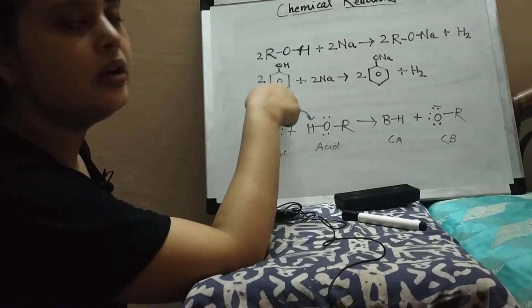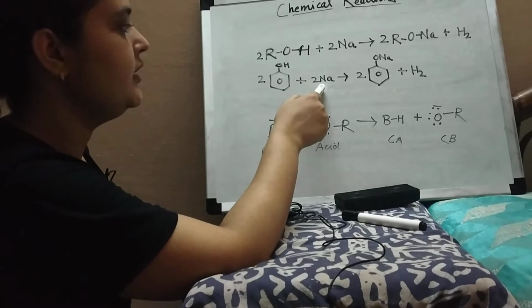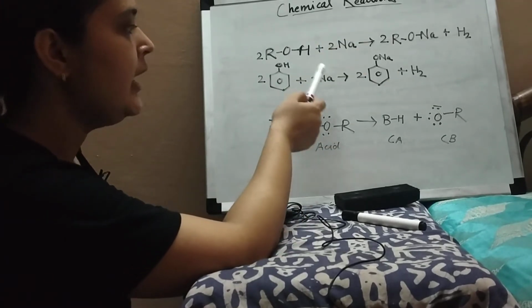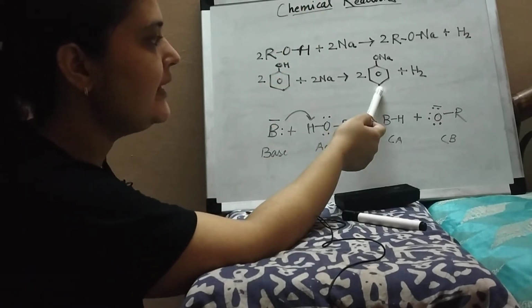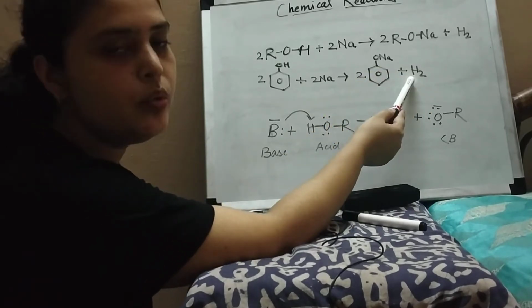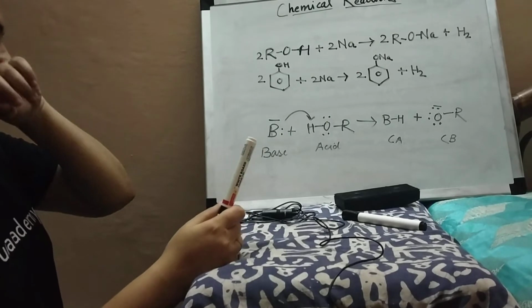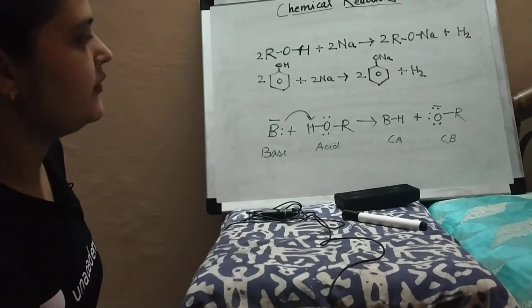Similarly, if you take phenol instead of alcohol and react it with sodium, the OH bond will also break and sodium will get attached to the oxygen atom. You will get sodium phenoxide as the product, and an H2 molecule will leave as a byproduct. This was the case where the OH bond is broken.